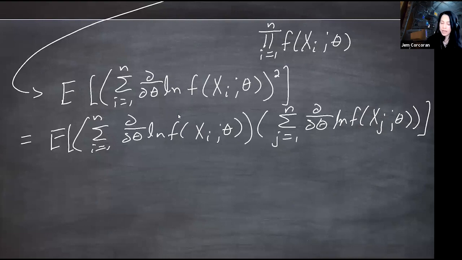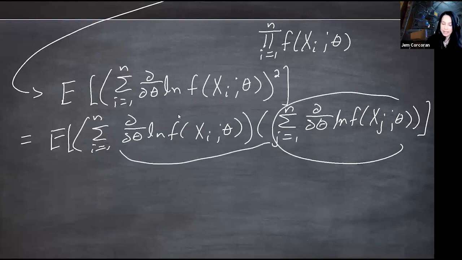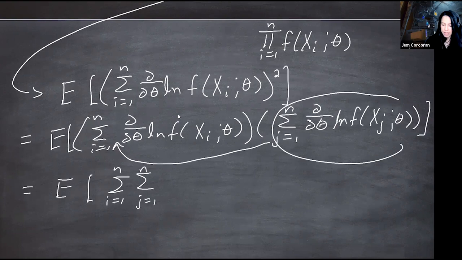I can pull the j stuff inside the i sum here. And so really what we have is a double sum. i goes from 1 to n, j goes from 1 to n, one of them, and then the other one.